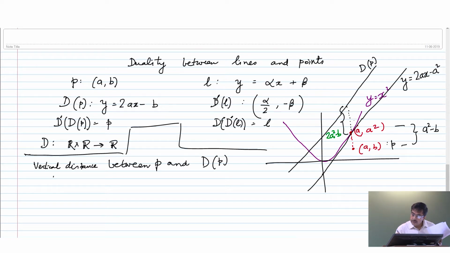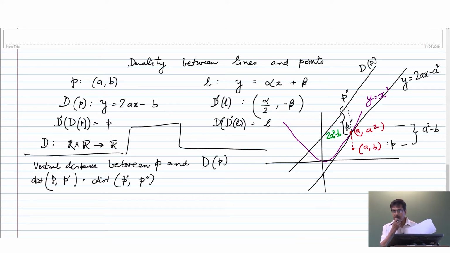So, what should I say? Let me call this P prime, okay. It is getting cluttered. So, let me call this P prime and this is called P double prime, okay. So, what I am saying is essentially the distance between P and P prime is the same as the distance between P prime and P double prime. That is what I have proved, right. So, it is a reflection around the parabola.